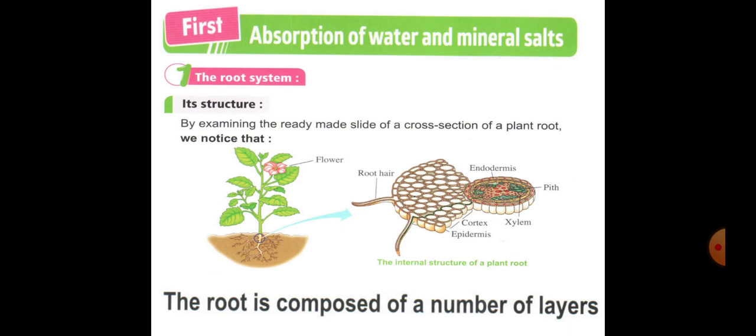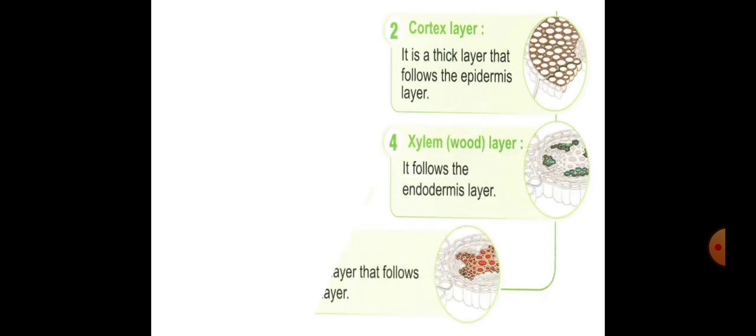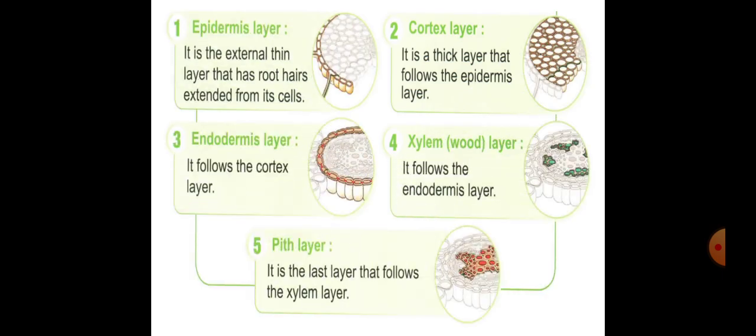Not only one layer or two layers, no. The root is composed of a number of layers. What are these layers? Number one, the epidermis layer is the external thin layer that has the root hairs extended from its cells. Number two, the cortex layer.